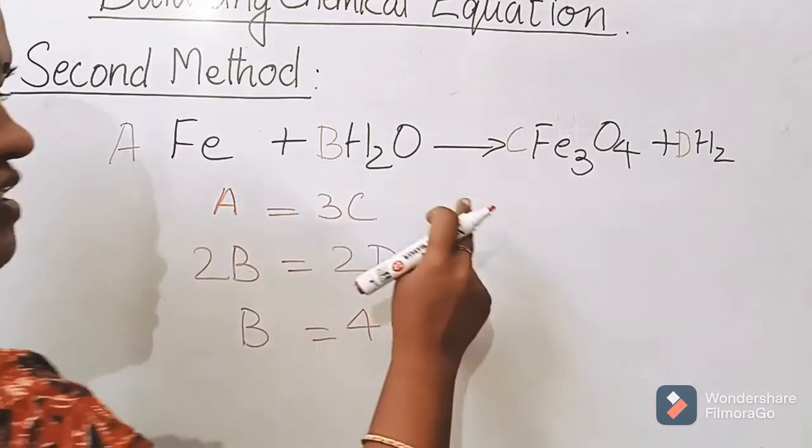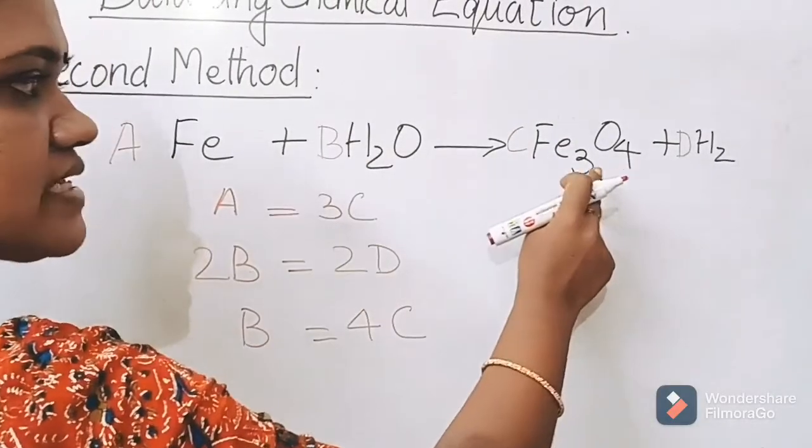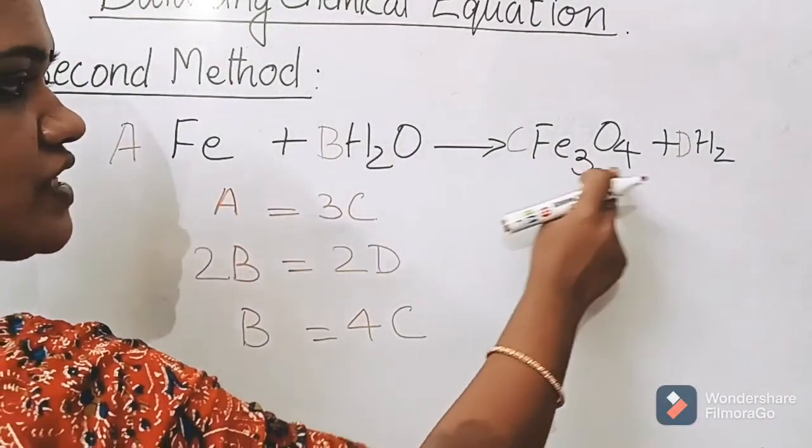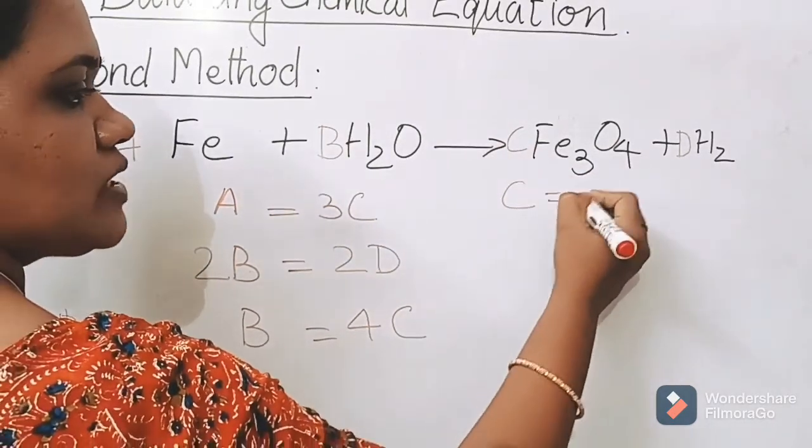Now we will assume the coefficient given to the largest molecule of this reaction, that is Fe3O4, as 1. C is equal to 1.